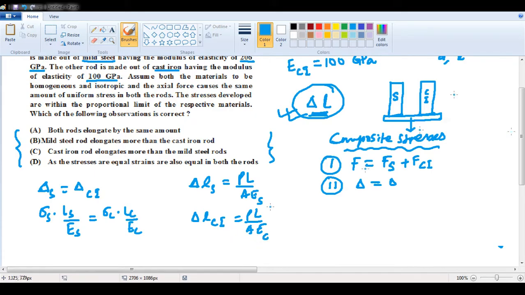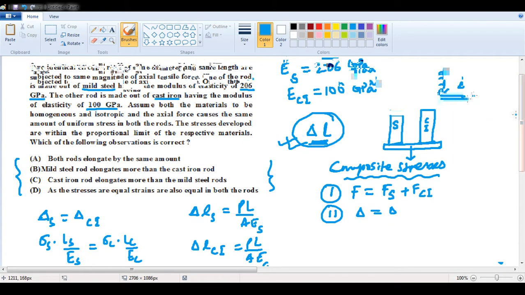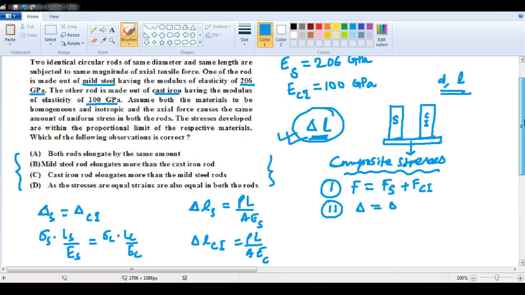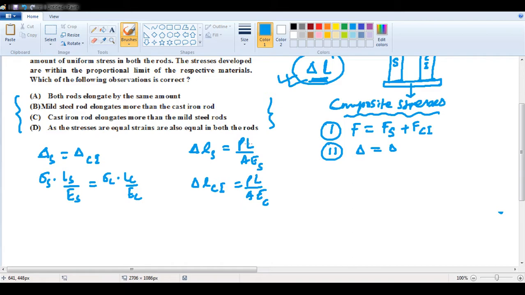Now here what happened? Obviously both have, clearly given in the question, the same diameter and same length. So we can omit this part out. We'll be left with delta S equal to P by ES and delta C equal to P by EC.